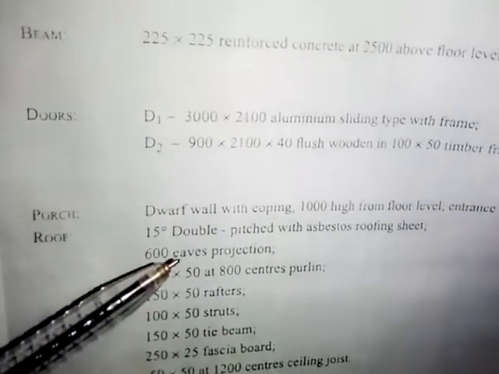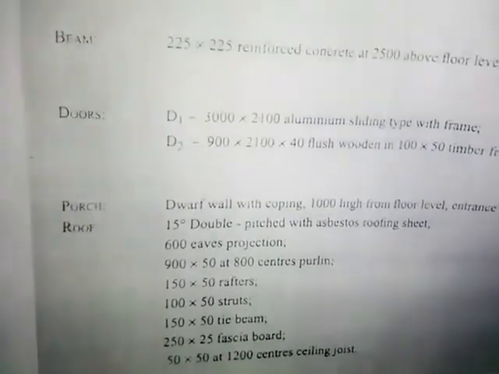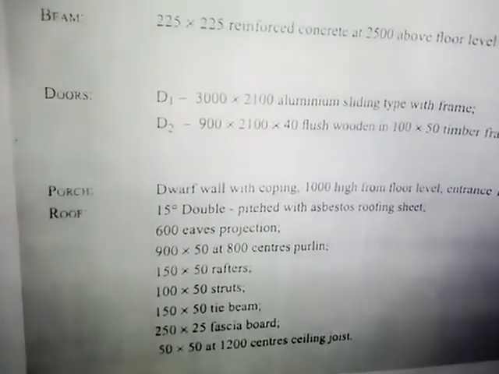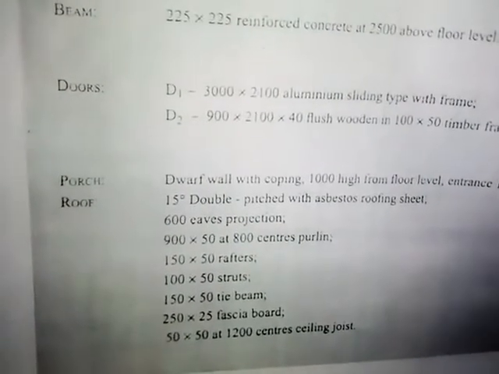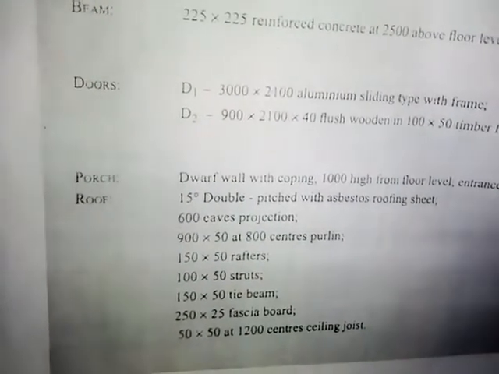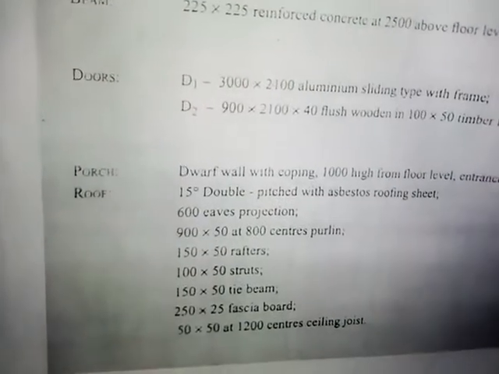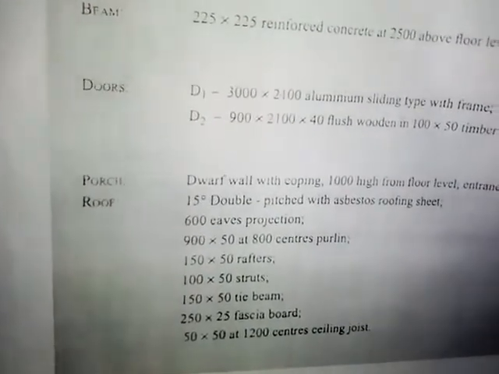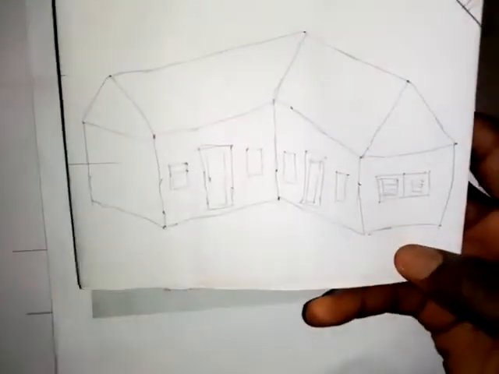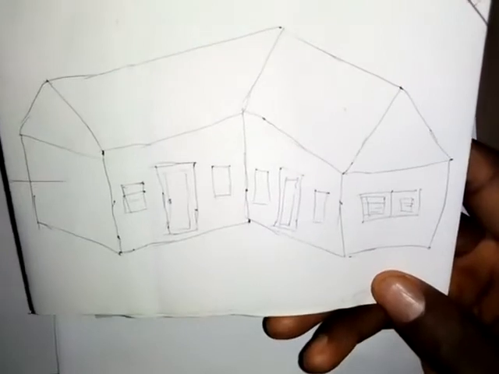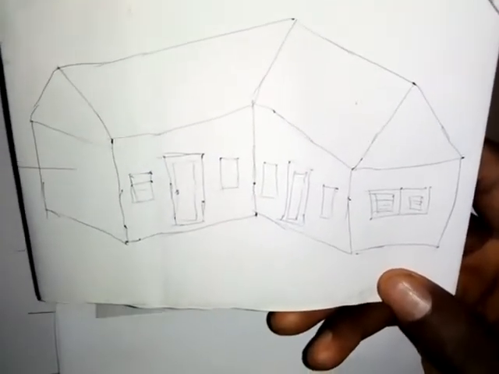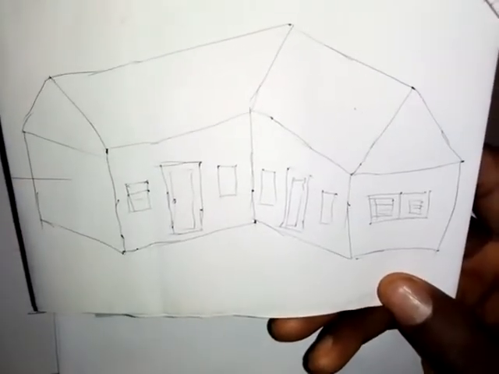So this 15-degree double pitch, what does it mean? Someone has asked me that, I've never seen a double pitched roof before. I don't know what they mean by double pitched roof. Let me show you. Now look at this diagram. So I intentionally sketched it for you to know what I mean by double pitched roof.